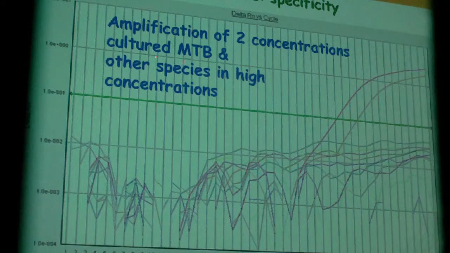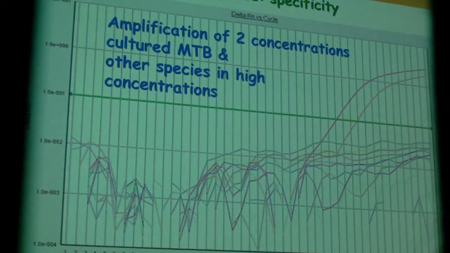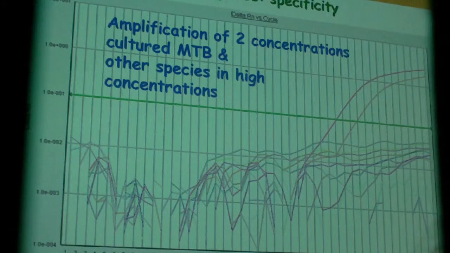If you have two concentrations of real species, then you get this kind of analysis. So this is what I showed you before. But now, if you want to use this for clinical purposes, then you must know that there's really no interference with any microorganism present in the throat or in the lungs or whatsoever. We don't even know all these species.